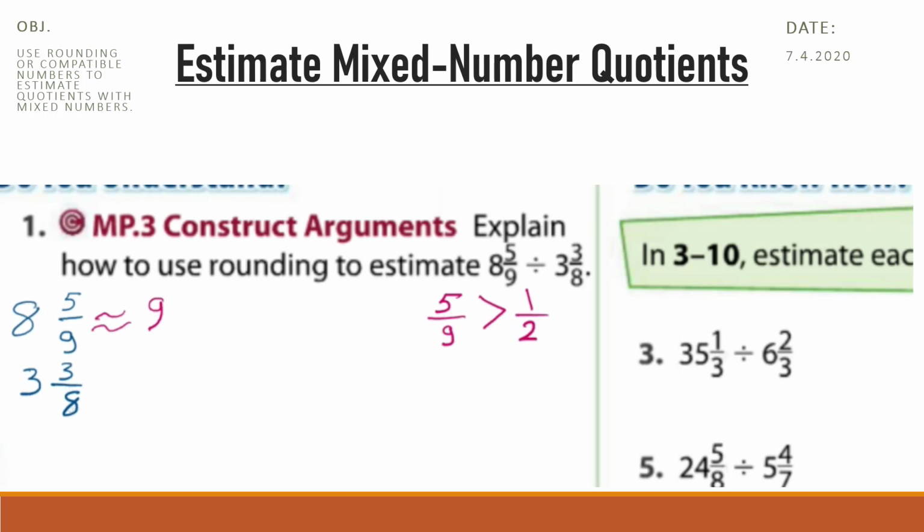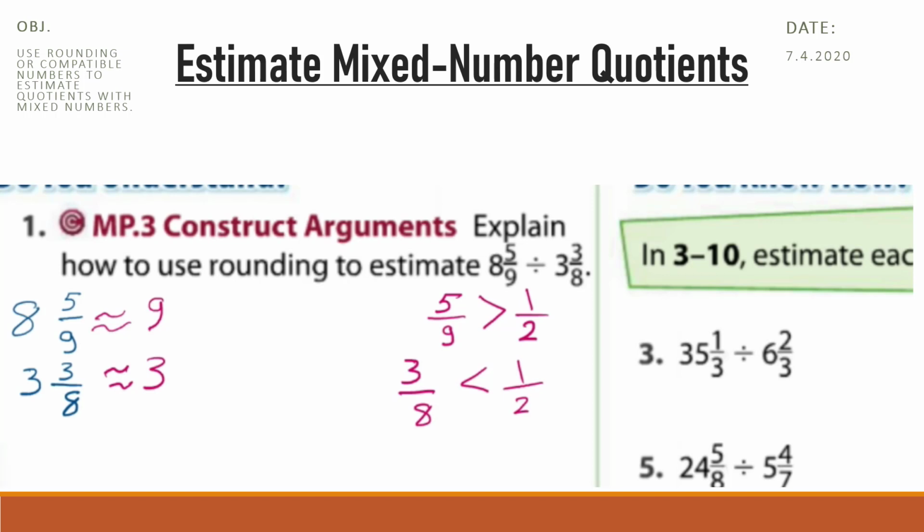And in the divisor, 3 3/8, we have 3/8, that's less than half. So 3 3/8 will be rounded to 3. If it's more than half, it will be 4.